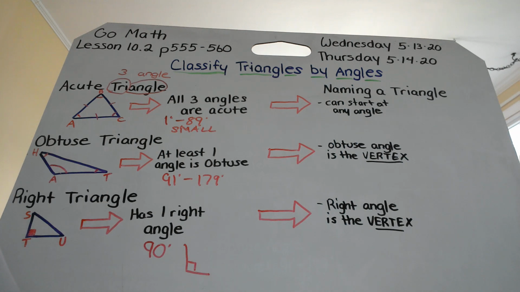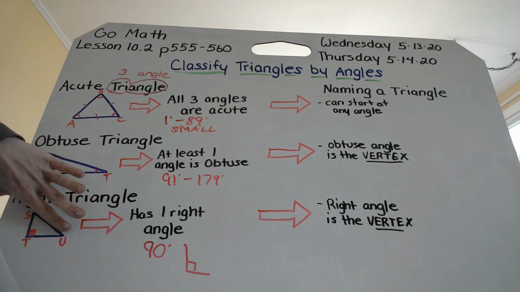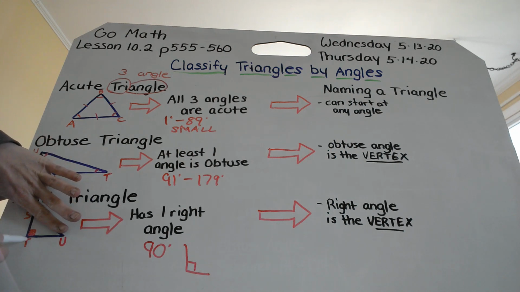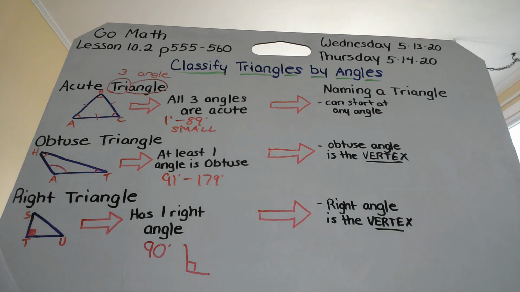I don't want to say always, but the majority of the time you will see that box in the corner. So that's how you know it's a right triangle. And if you look right here, if you take away this line right here, there's your L right here. So you know it's a right triangle because it looks like an L and it measures exactly 90 degrees. Okay? So those are your three types of triangles: acute, right, and obtuse.